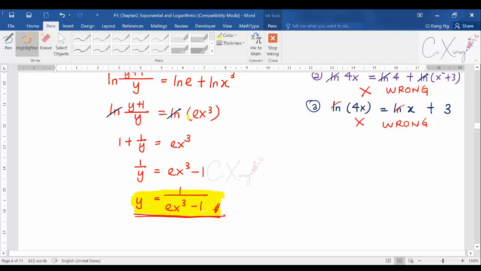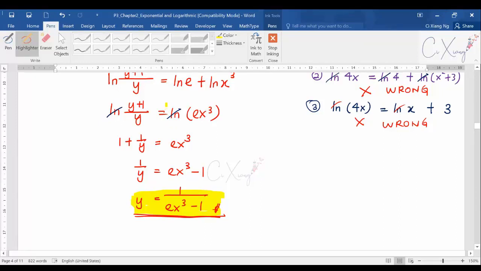This is one of the past year questions that they asked before. I hope that you understand. All this, we are actually applying the properties of the log function. It is quite important. All the properties of the log function, we are going to use very frequently in chapter 5 later, which is integration.